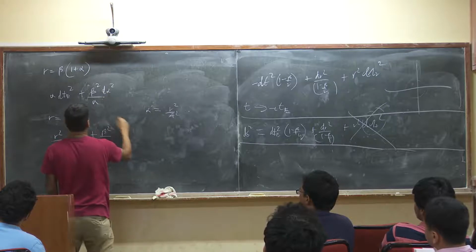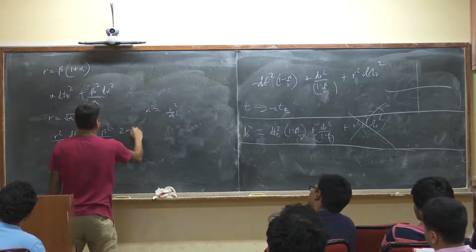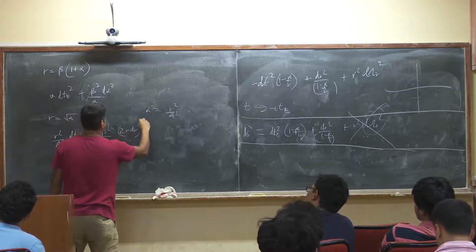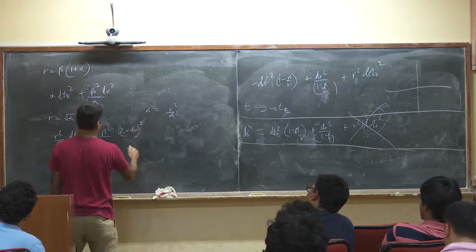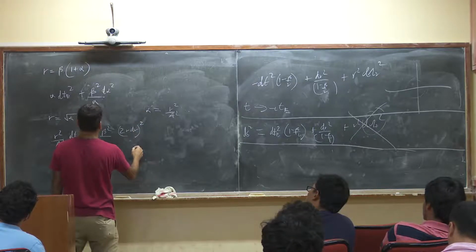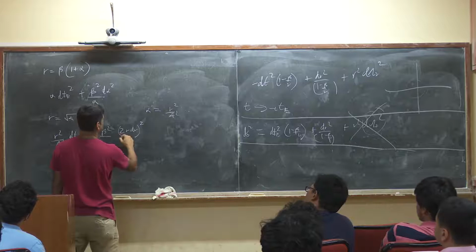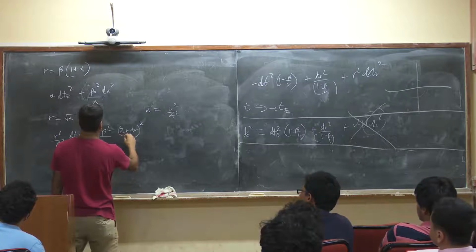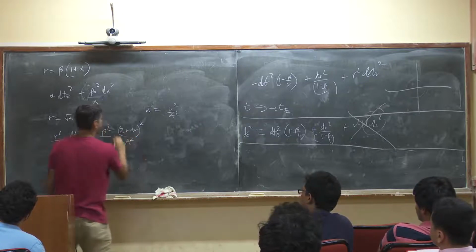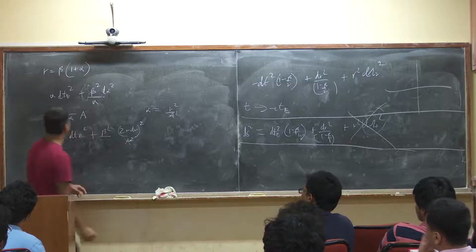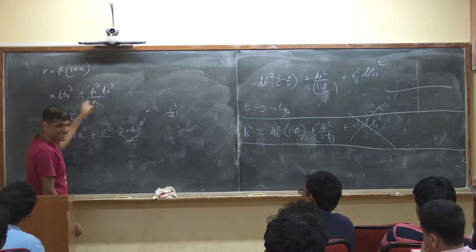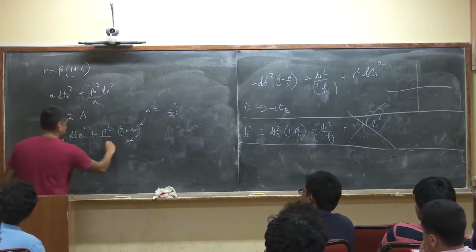So this is 2 r dr squared, and then we'll get a factor of a squared, and that will cancel with this, and then there's an r squared.